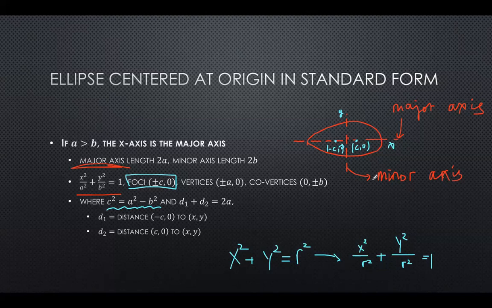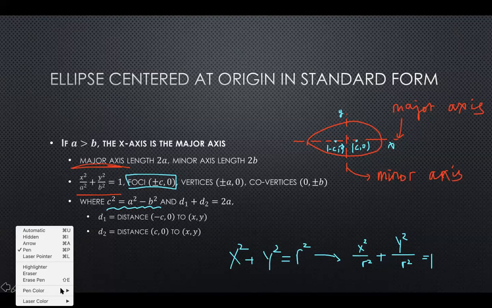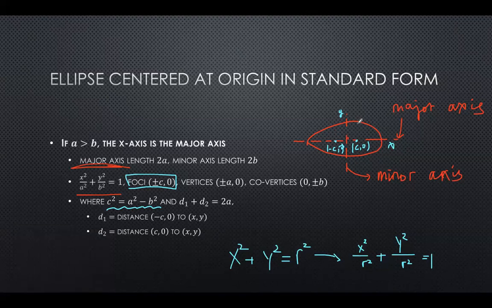Right? So what does the foci mean? So the foci means that if you have a point in an ellipse, then the distance from this point to the first focus, adding the distance from this point to the other focus, the sum of these two distances is fixed.